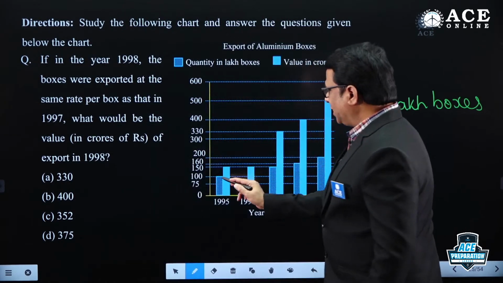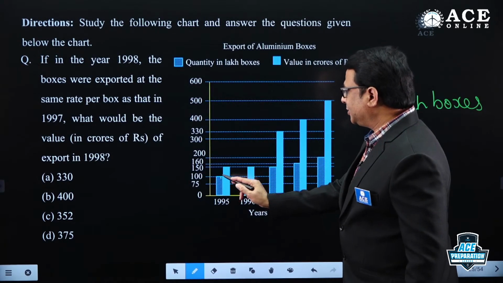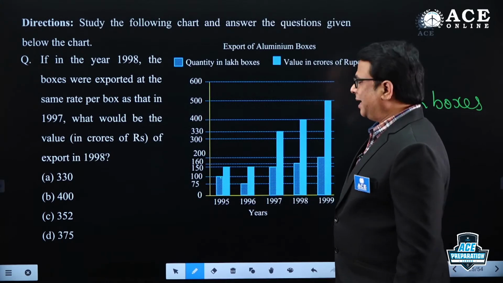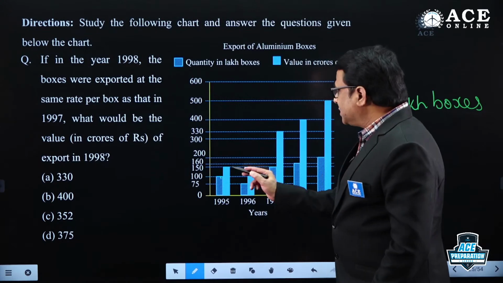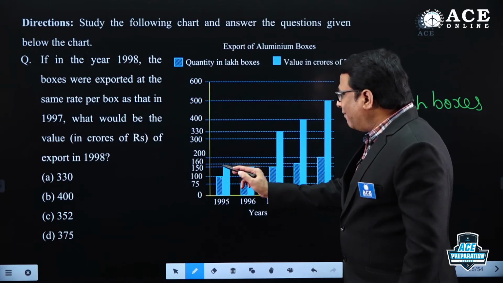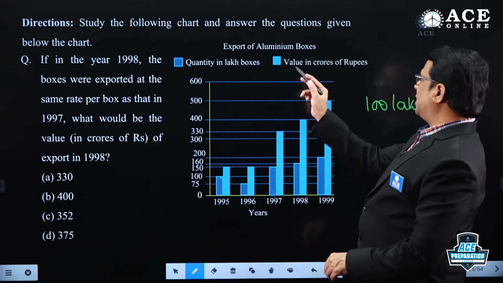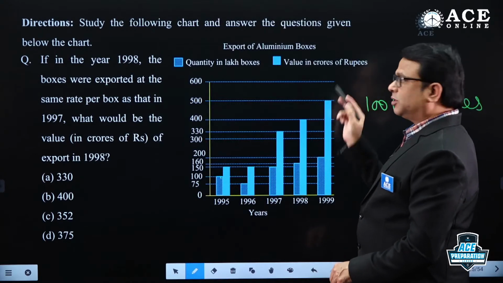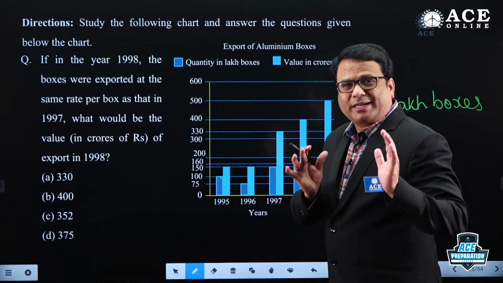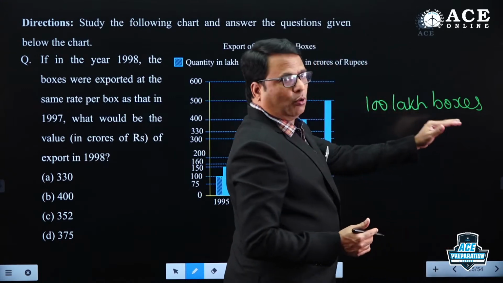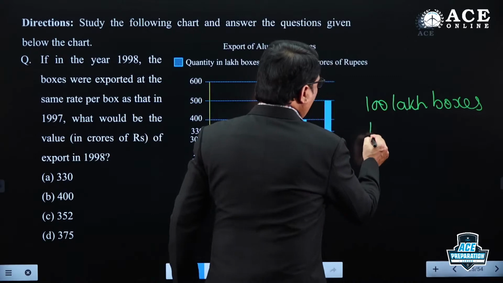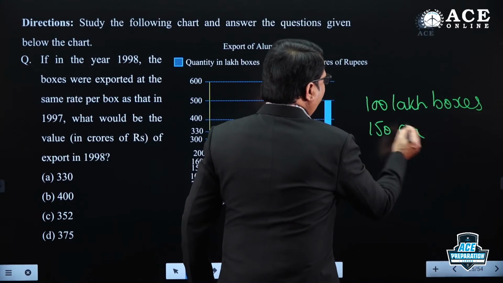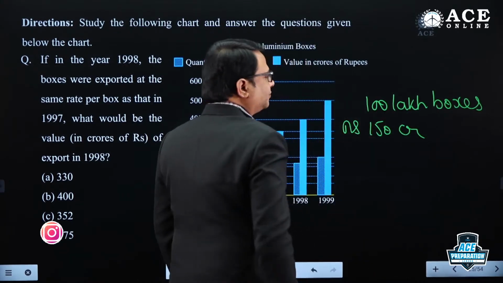Then what is the value of those 100 lakh boxes? It is given as 150, and value is in crores of rupees. So number of boxes exported, 100 lakh boxes, and the value is 150 crore rupees.